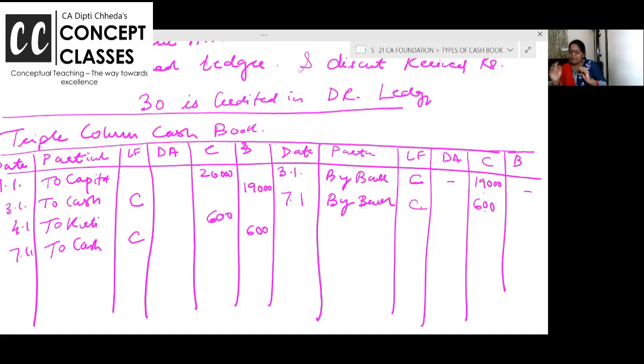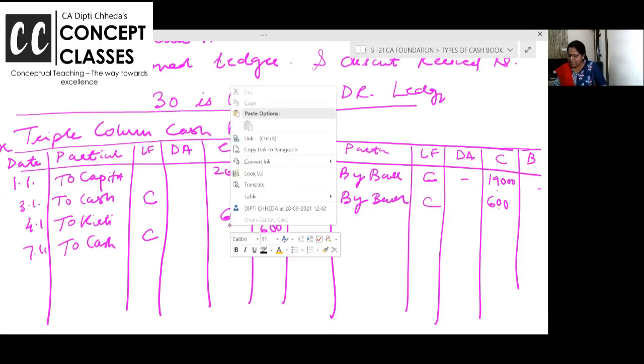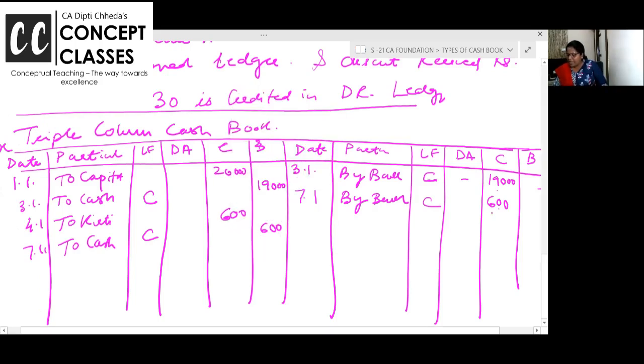Finish writing? Frankly, if Kirti gives me a check on the same day, if I deposit in the bank, money is coming in the bank from Kirti. But here Kirti gave the check on 4th of January. So I have received it in the cash column. And on 7th, when I deposited in the bank, cash credit, bank debit.